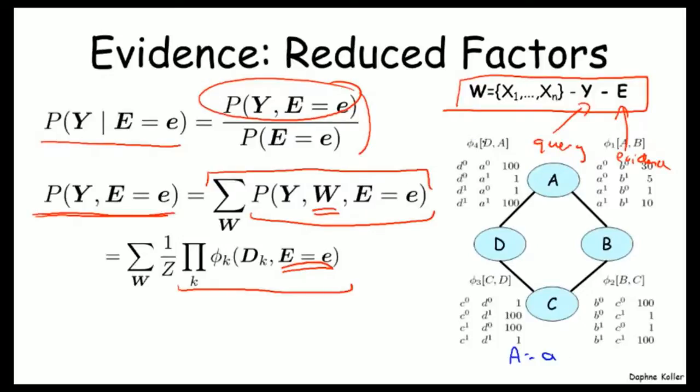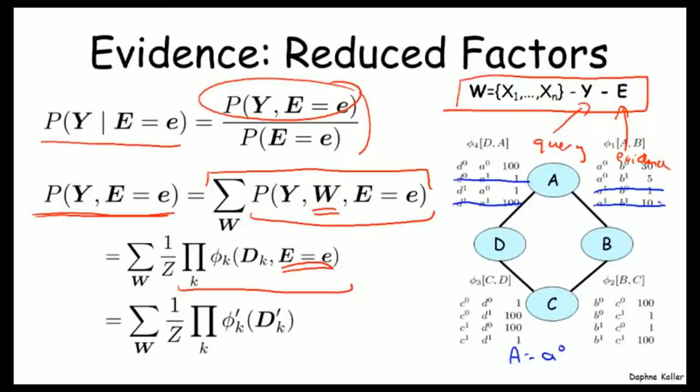What that means is that we're going to take every single one of those factors, say A equals a0, we're going to remove from every factor that involves A the entries that correspond to A equals a1, because those are not going to be consistent with our observation A equals a0. Once we've reduced those factors to be consistent with the evidence, we still have a product of factors, and we can go ahead and treat it in exactly the same way as we did before.